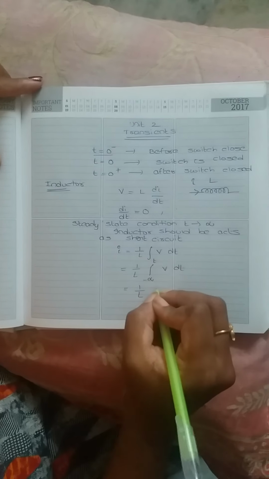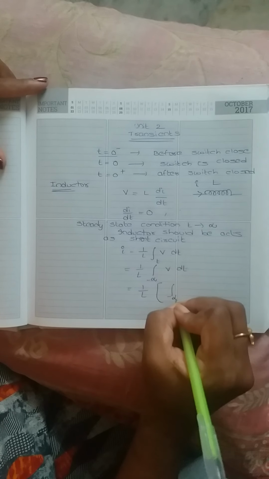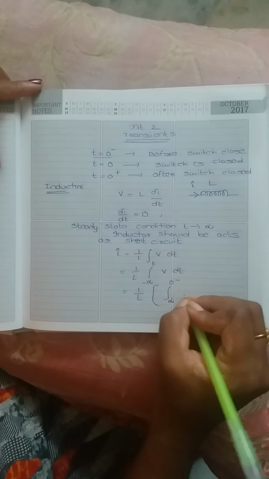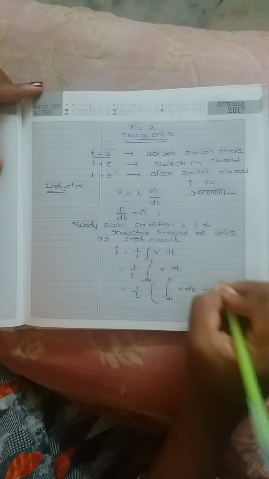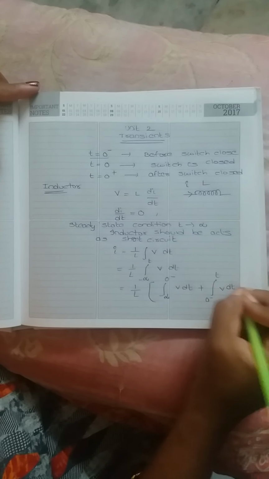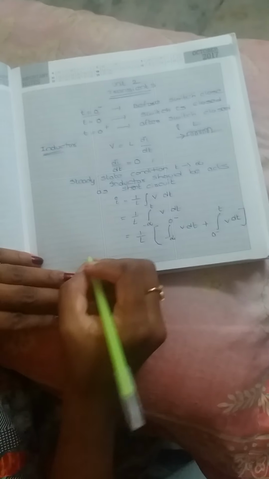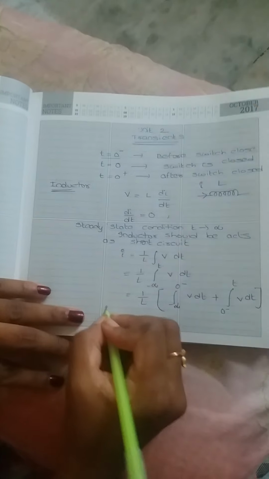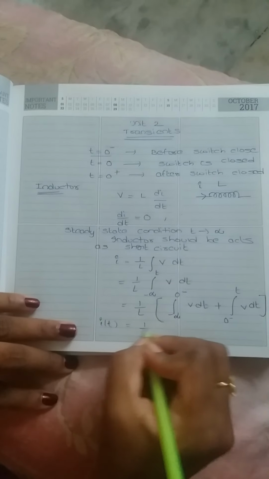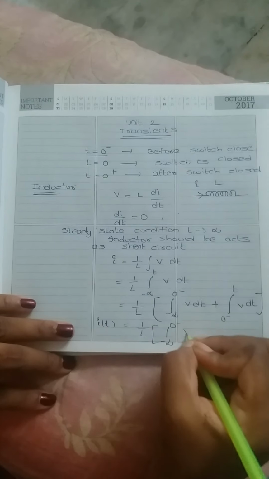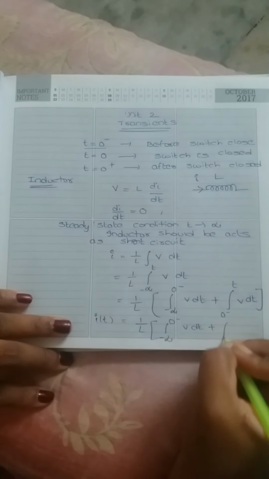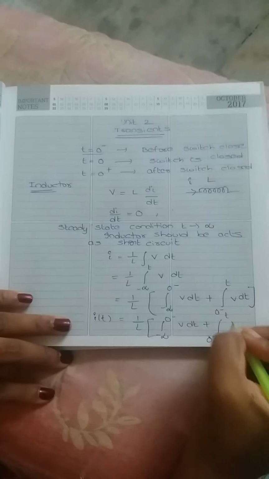Splitting this interval as minus infinity to 0 minus V dt plus 0 minus to t V dt, I of t equals 1 by L integral minus infinity to 0 minus V dt plus 0 minus to t V dt.